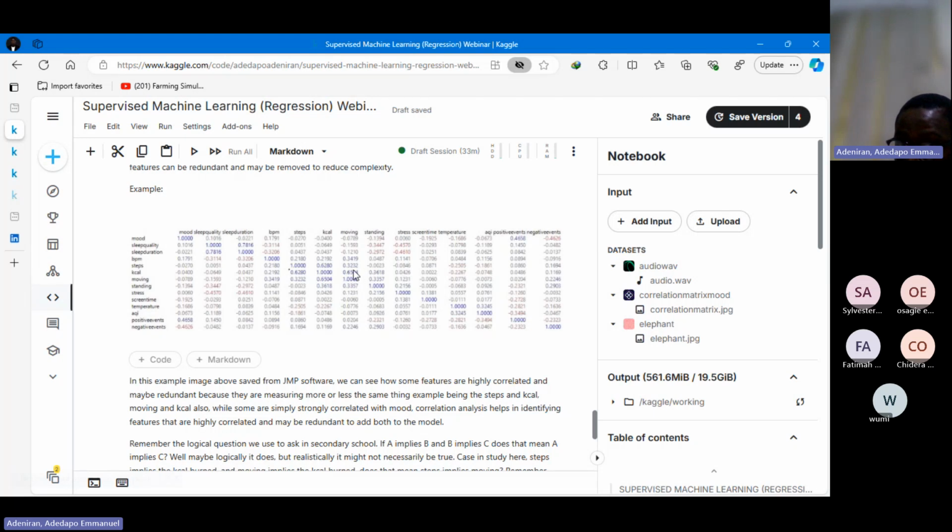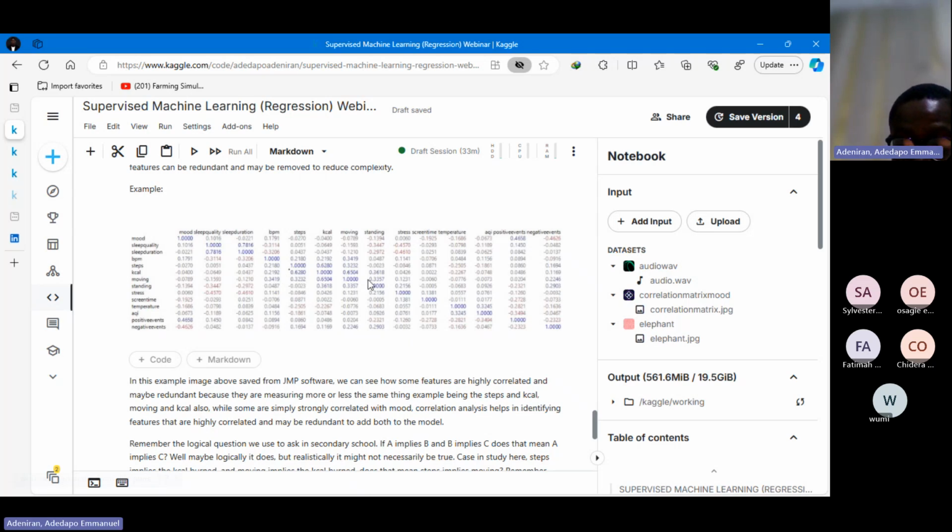But there is some correlation between moving and the number of calories you burn per day. Same thing as steps. Steps and kilocal is also correlated, 0.628. Very, very correlated also. So there might be some redundancy in adding steps, kilocal, and moving all in the same data set, because they are highly correlated to each other.